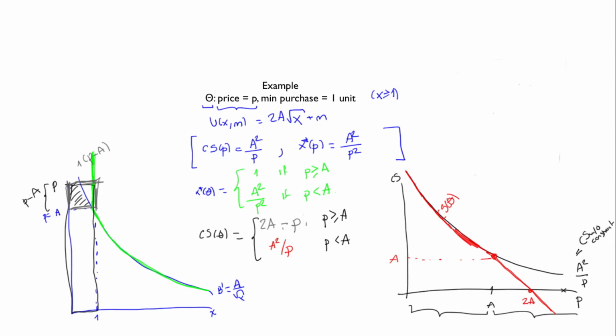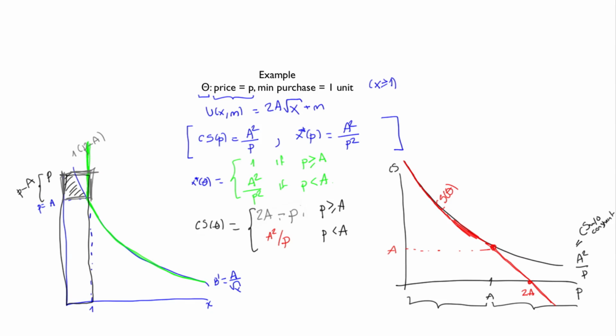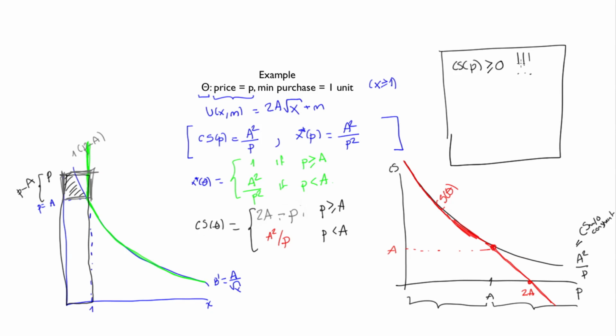I want to highlight a very important lesson that this example teaches us. We saw before, I'm going to highlight it here in a square, that CS of P was always non-negative. That is basically when you compute the consumer surplus for just choose how much to buy at price P without constraints.